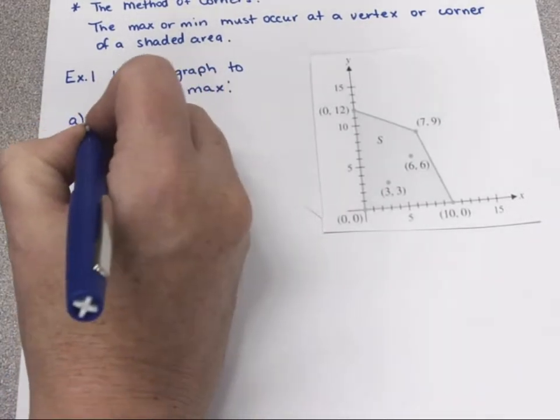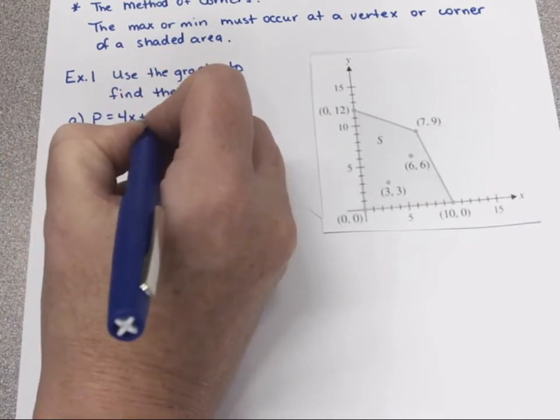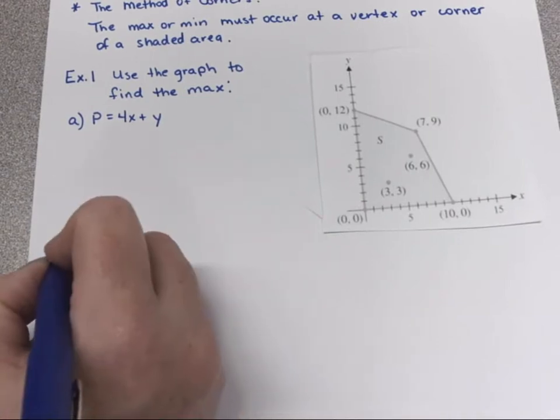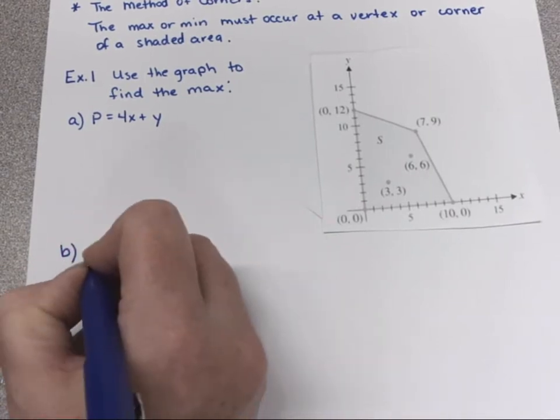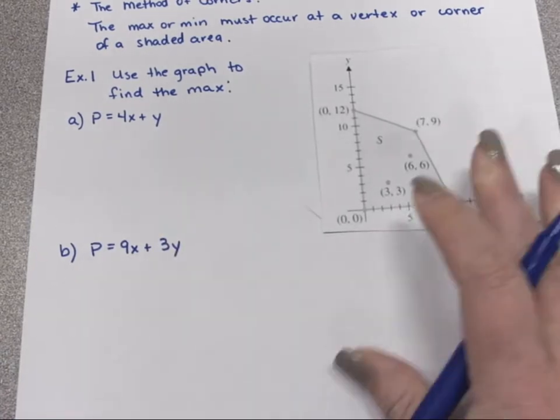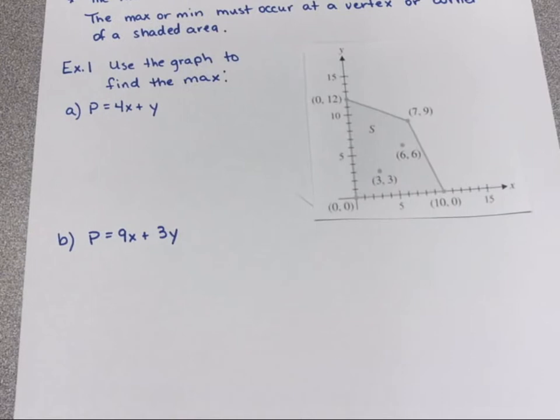The first one, I want you to use the following profit equation, 4x plus y, and then I'd like you to skip a little space. We're also going to look at a second profit, which looks like 9x plus 3y. But it's all going to be subject to this graph here. And I know the lighting's kind of bad, so you can look at your own handout.